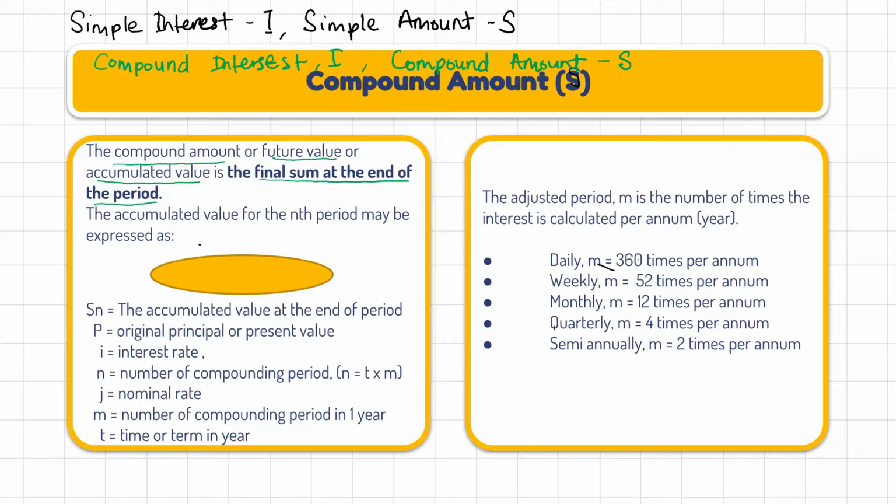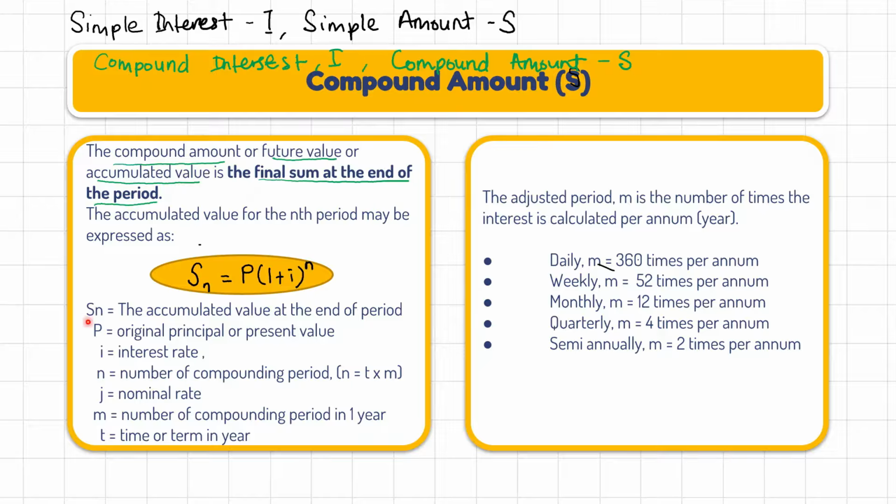The accumulated value for the nth period may be expressed as Sn equals P, our principal, times (1 plus i) to the power of n. So this is the formula for compound amount.